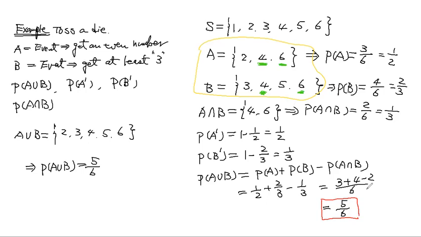All right, so now let's take a look at the next example. It's a little bit more complicated here. So that is example number 2. Now I'm doing a toss of 2 dice.